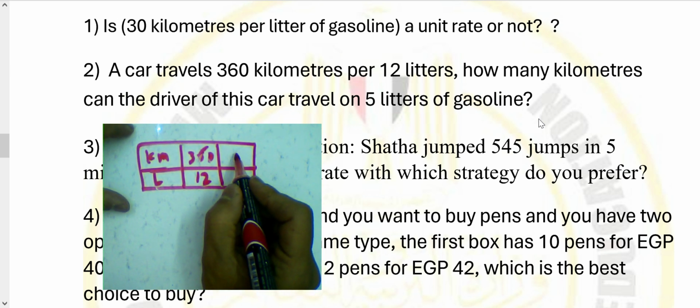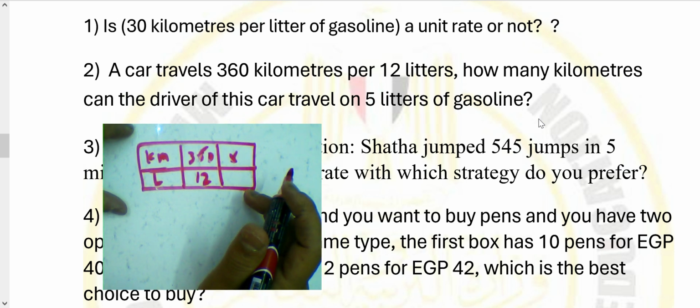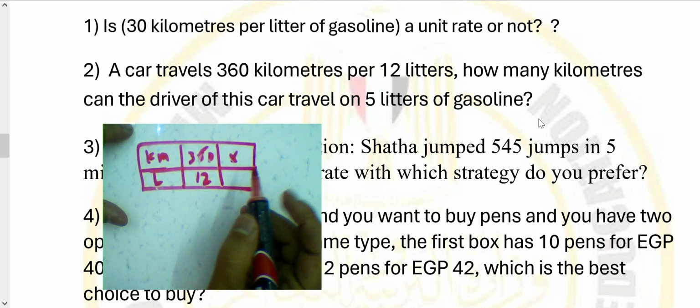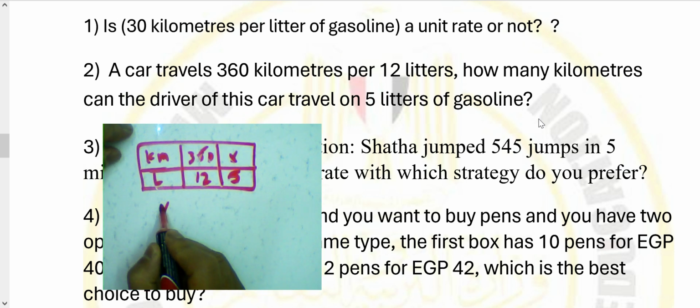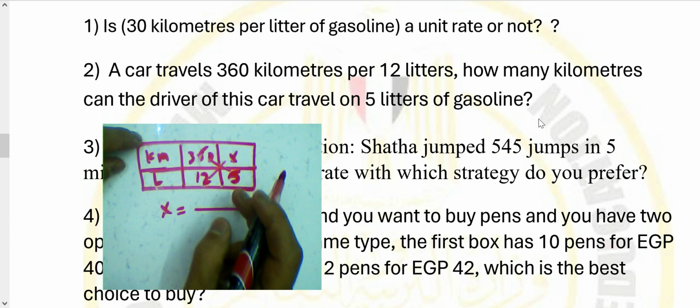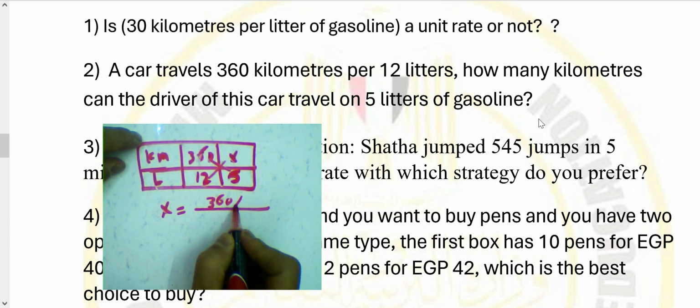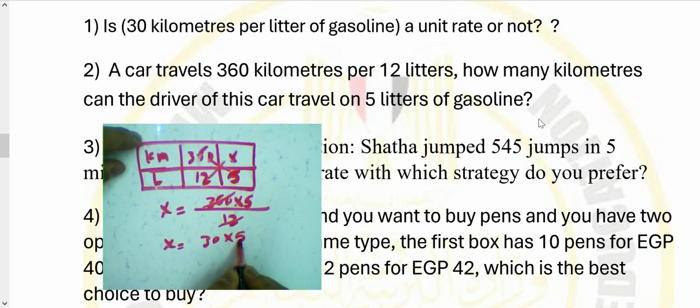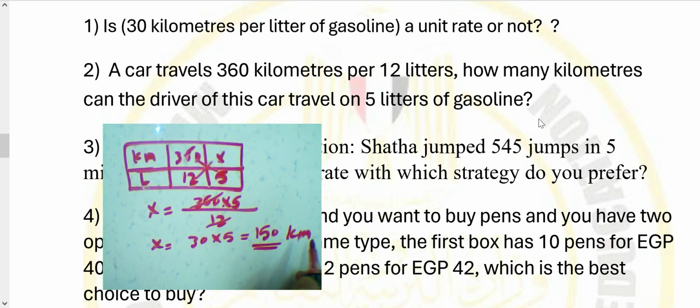How many kilometers can the driver of this car travel on 5 liters? Then we can find the number of kilometers by the product of means and extremes: 360 times 5 over 12. 360 divided by 12 equals 30. 30 times 5 equals 150. 150 kilometers.